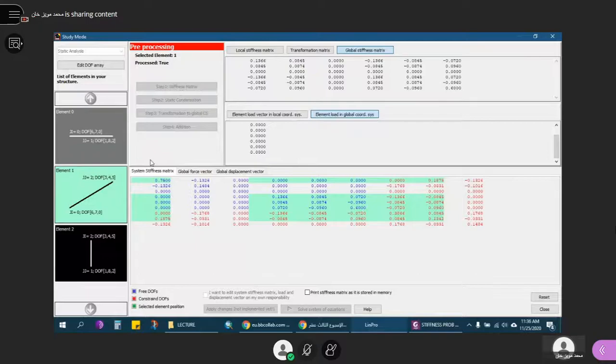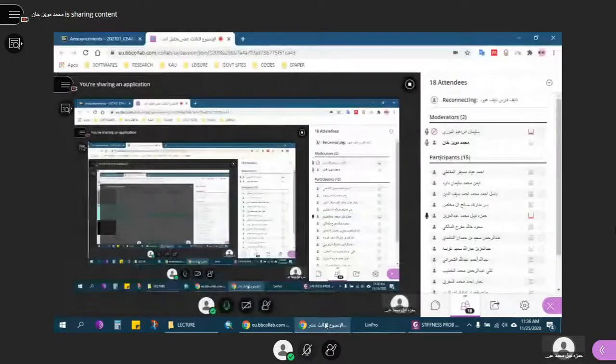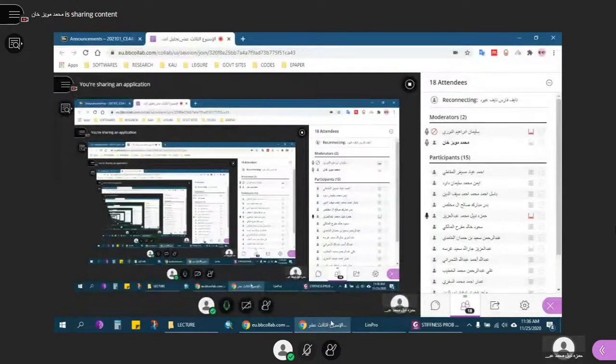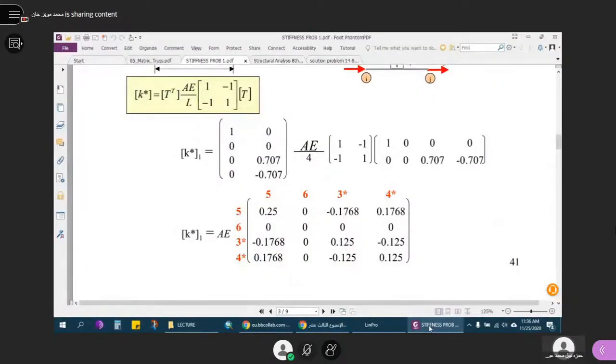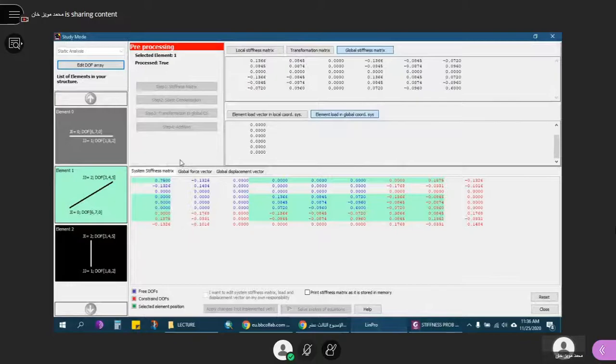Can we remove the moment from LinPro? No, you cannot remove it. By default there are 3 degrees of freedom at each node.